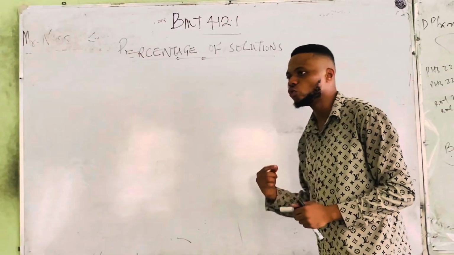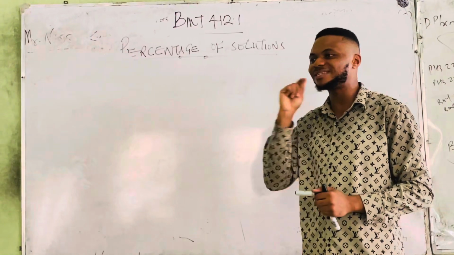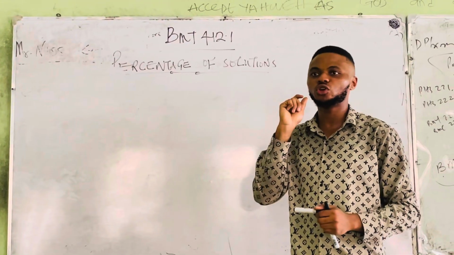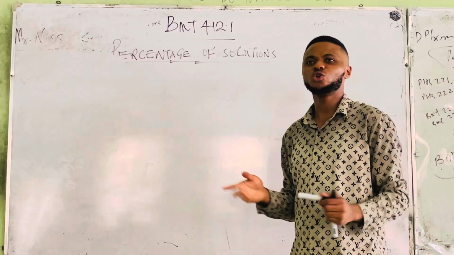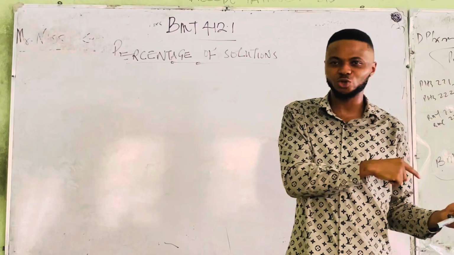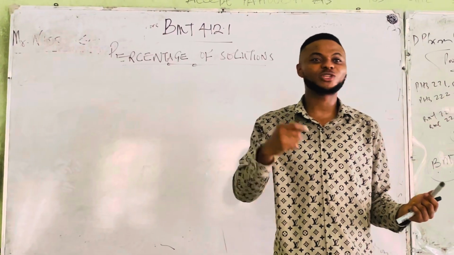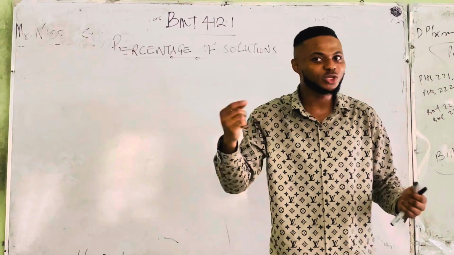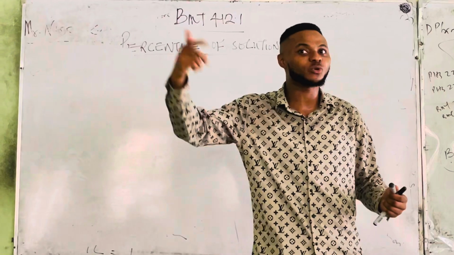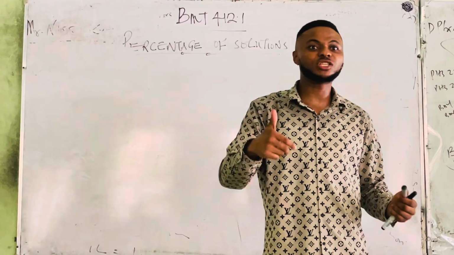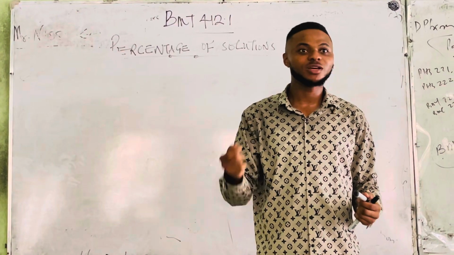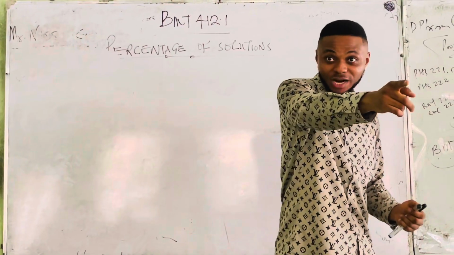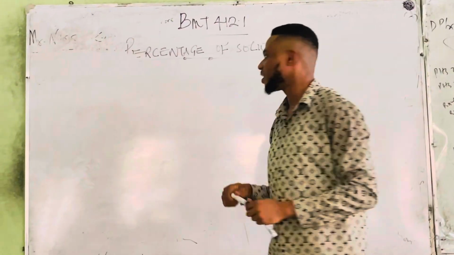We want to know how we can prepare 20% nicotine solution if they give us 250 ml of distilled water. We need a particular solute, nicotine, to dissolve in the 250 ml so we can achieve that concentration. But the concentration in this case is expressed in what? Percentage, that is gram per 100 ml.